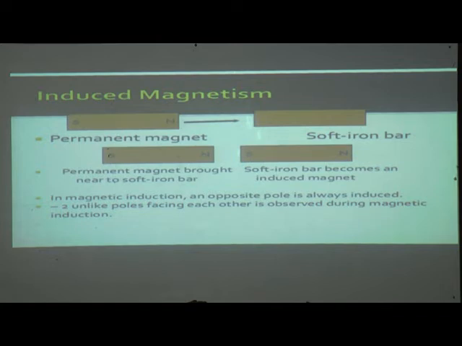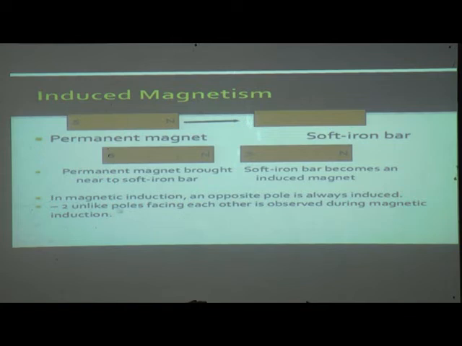Then the soft iron bar becomes an induced magnet. So when we bring this permanent magnet near to this soft iron bar, it will change into an induced magnet. So in magnetic induction, an opposite pole is always induced.